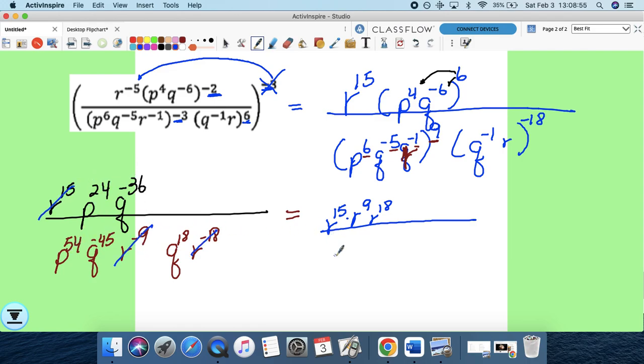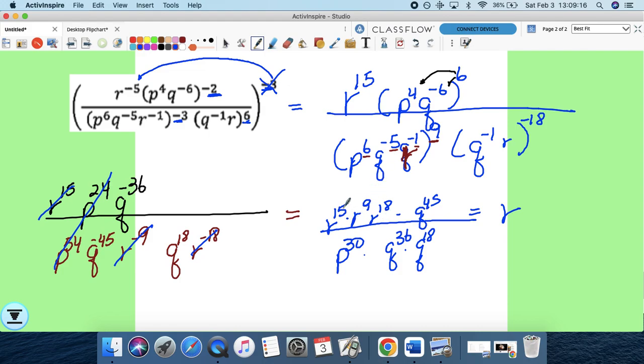P24 and P54, just like we did before, we're going to have p to the 30 left over after you simplify. And this is exactly the same thing as we had before. The q to the 36 comes down, the q to the 45 goes up, and q to the 18th is already down here. So there.